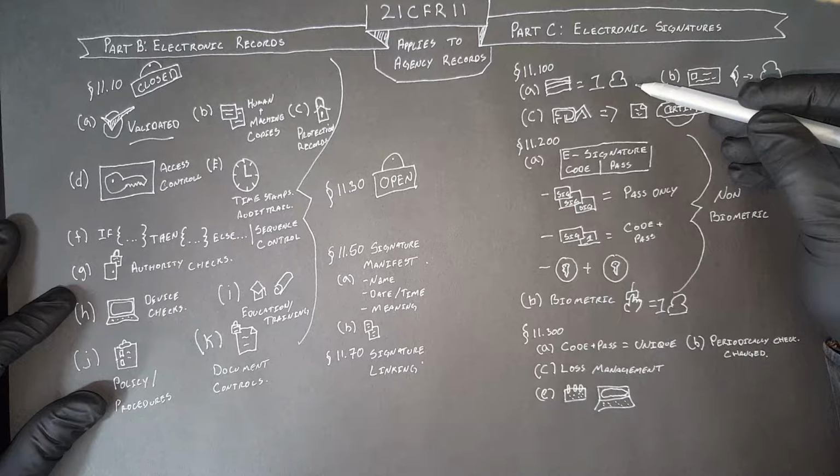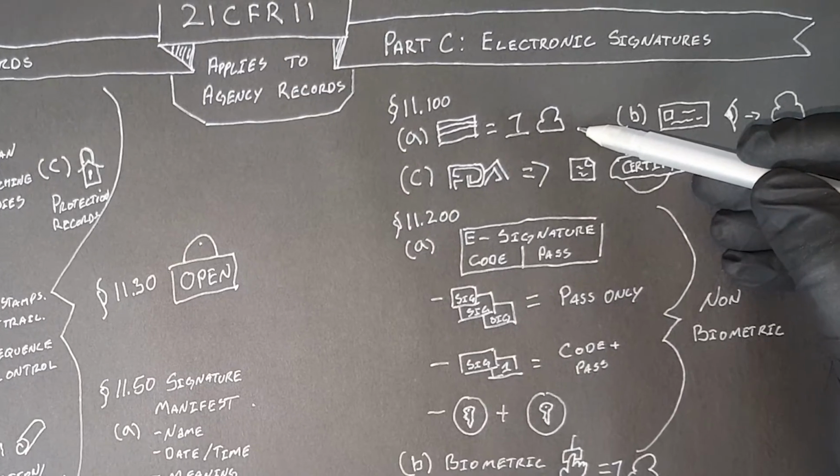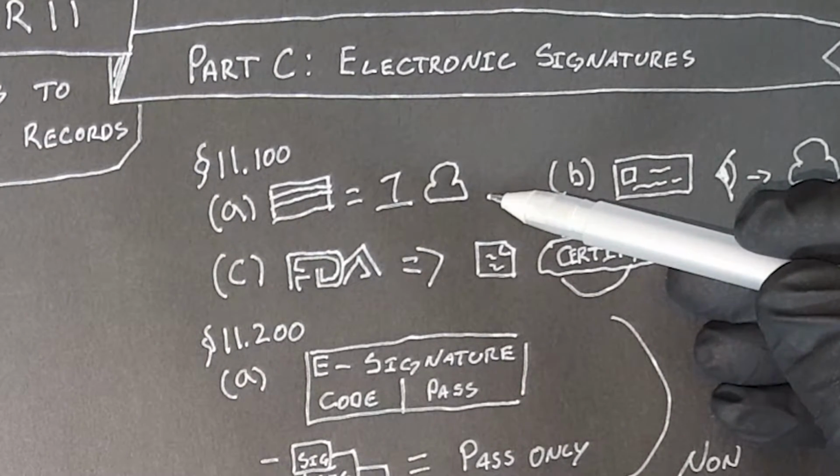So let's move on to Subpart C, electronic signatures. Okay, section 11.100, general requirements. So, an electronic signature shall be unique to one individual. Okay, it can't be reused by multiple people.